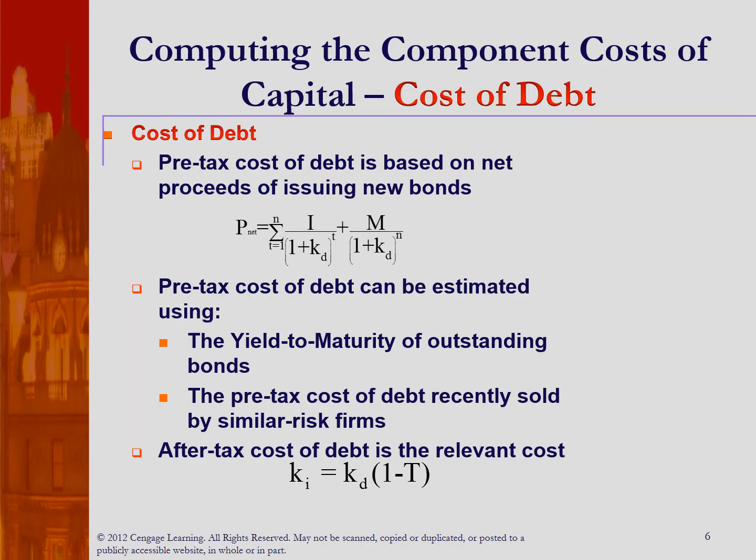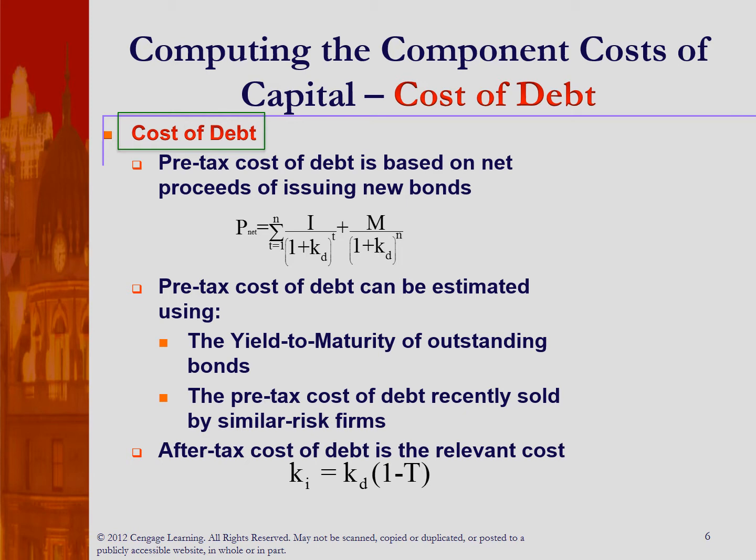Next, we would like to discuss methods a firm can use to compute the cost of its major component sources of capital, including debt, preferred stock, retained earnings, and new common equity. We first discuss how to compute a firm's cost of debt capital. As we discussed in Chapter 6, when a firm uses a debt issue to raise capital, it promises to pay periodic interest and a maturity value at the maturity date.